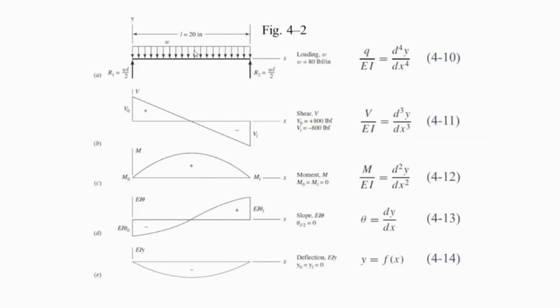And again, from the previous slide, please recall that V over EI is the third order derivative of the deflection function. M over EI is the second order derivative of the deflection function. And the slope is the first order derivative of the deflection function, and at the end we obtain the deflection function.